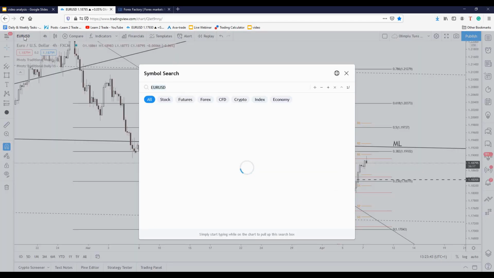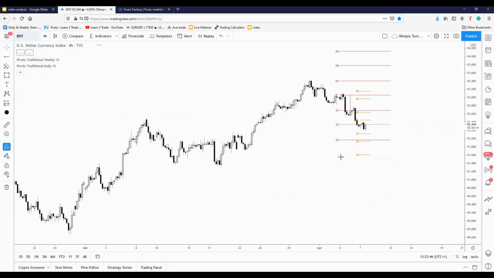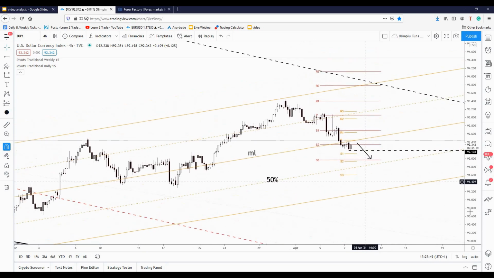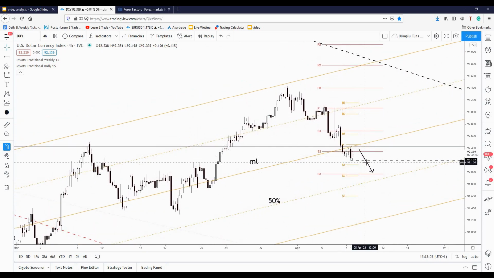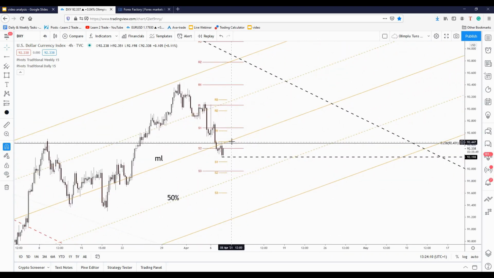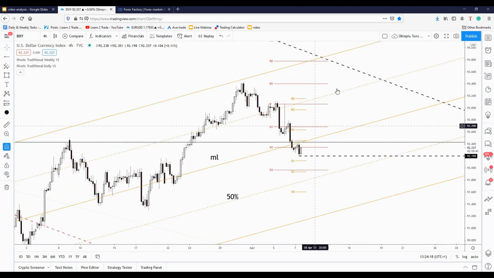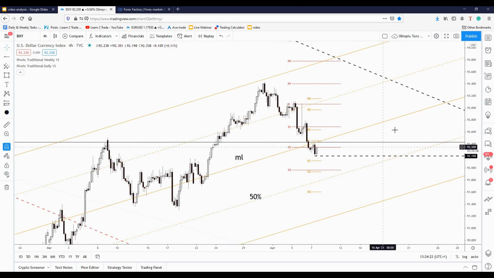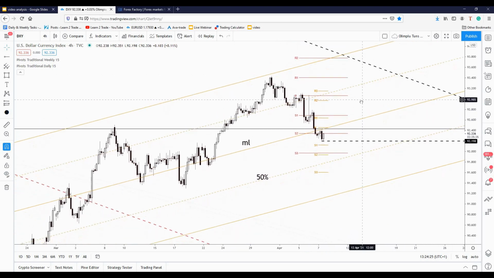And on the other hand, if the US dollar index invalidates this breakdown here, if the price will register an important increase and if it will register a bullish engulfing here to get back above the 23.6 retracement level, above the daily pivot point, above the medium line, then we could think that the US dollar index could register a new leg higher, and then the euro versus the US dollar could decrease again.